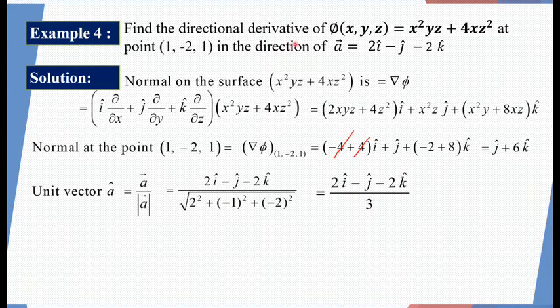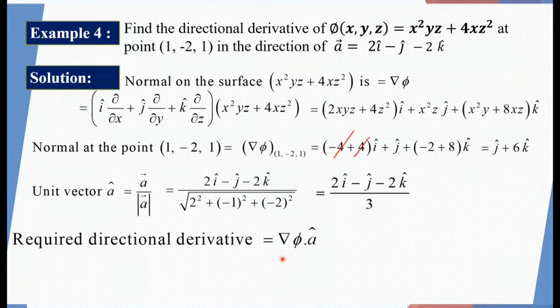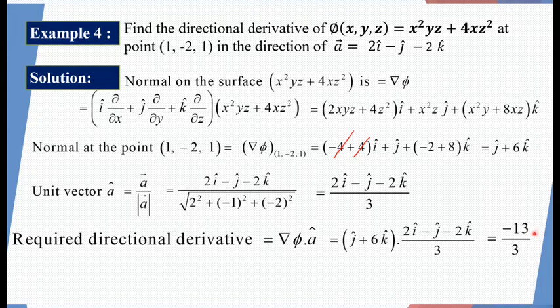We have to find the directional derivative in the direction of this, so we make the dot product. The required directional derivative is del phi dot a cap. Putting del phi as j plus 6k, dot product with this, we get 0 minus 1 minus 12 by 3, or minus 13 by 3. So this is the required directional derivative.